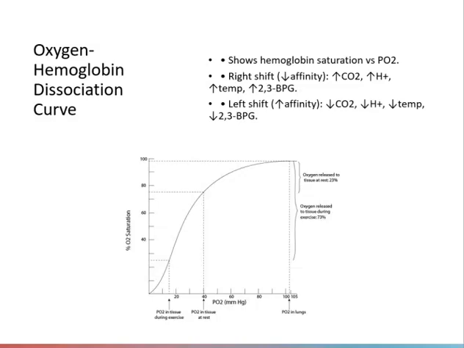A left shift does the opposite. It increases affinity, which can help in the lungs, but may reduce delivery to tissues. This dynamic relationship ensures that hemoglobin loads oxygen efficiently in the lungs and releases it where it is needed most.